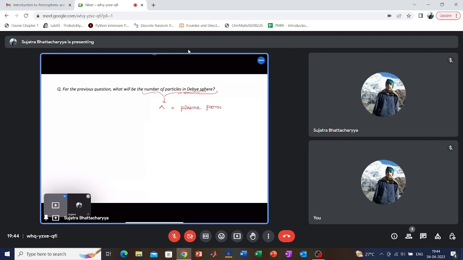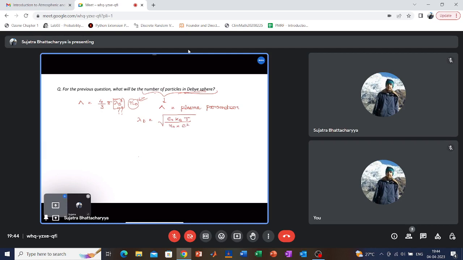Now for this, if you write the formula, it is 4/3 pi lambda d cube into n naught or ne, whatever. n naught is known from the previous question, but we don't know this lambda d. We know the formula of lambda d. It is root over epsilon naught kb into T divided by n naught into E square.